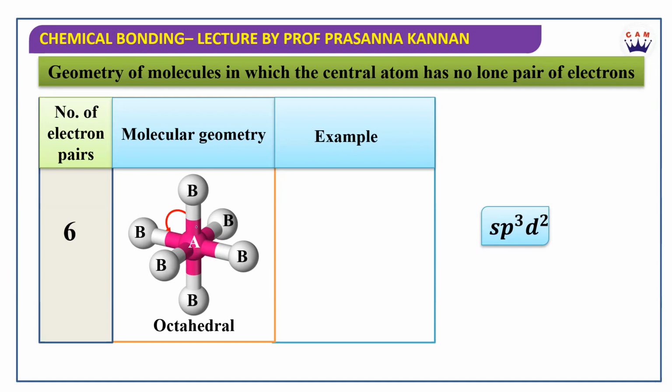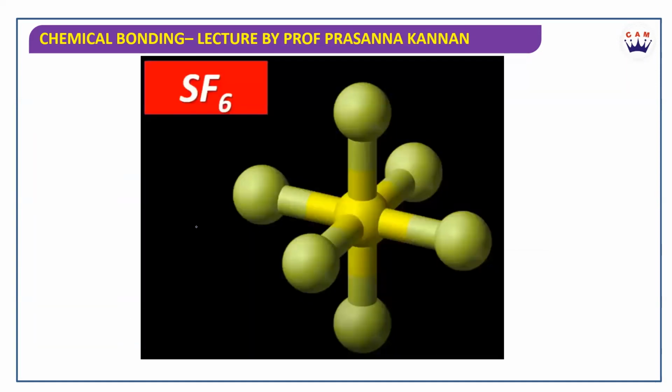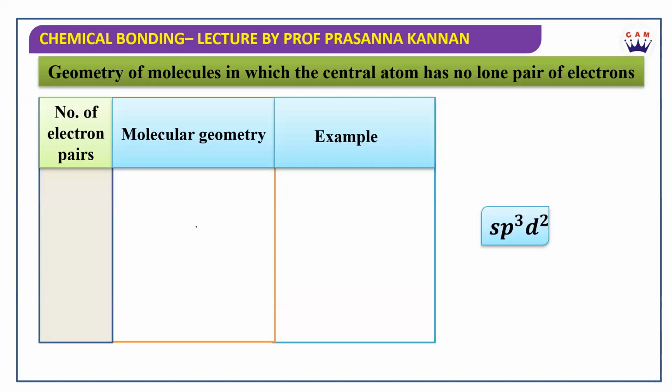And the top one and any of these? 90. What about the top and bottom? 180. Examples: sulfur hexafluoride, SF6, and tellurium hexafluoride, TeF6. Okay, guys, this is the structure. I hope this gives you clarity.